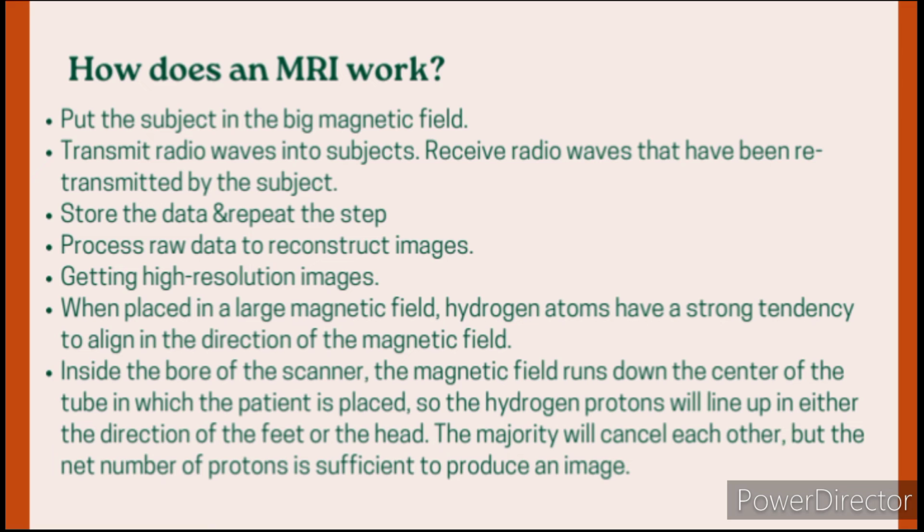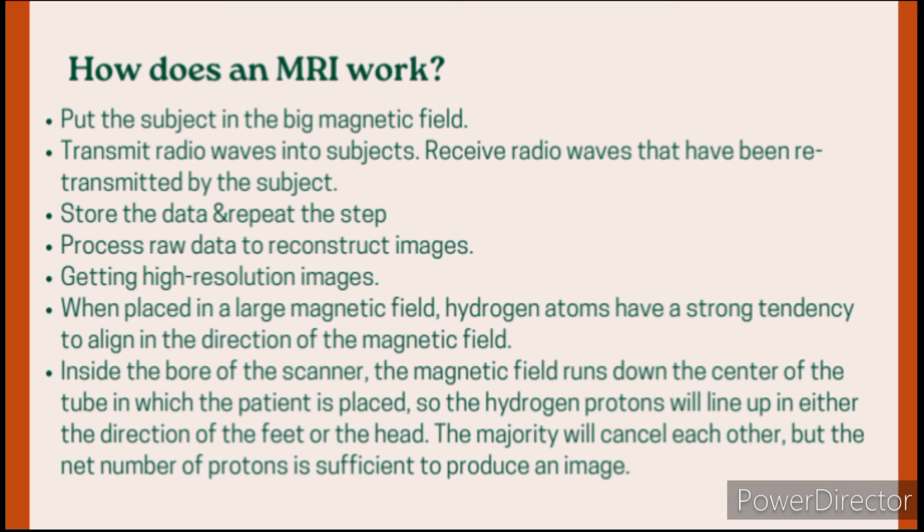Next is to process the raw data to reconstruct the images and get high-resolution images. When placed in a large magnetic field, hydrogen atoms have a strong tendency to align in the direction of the magnetic field.